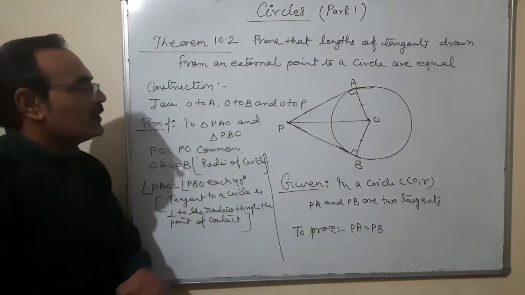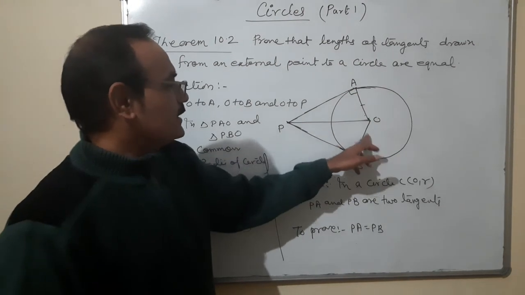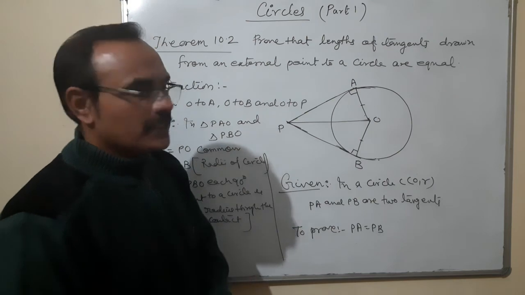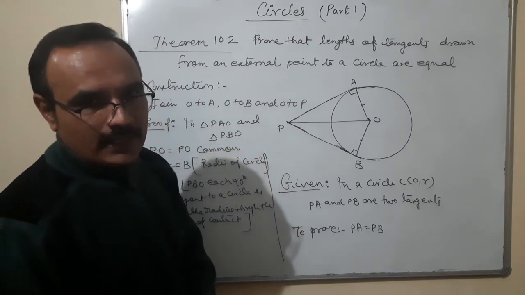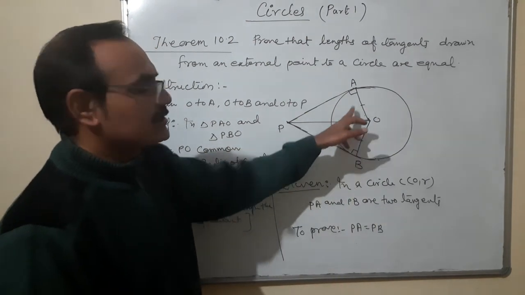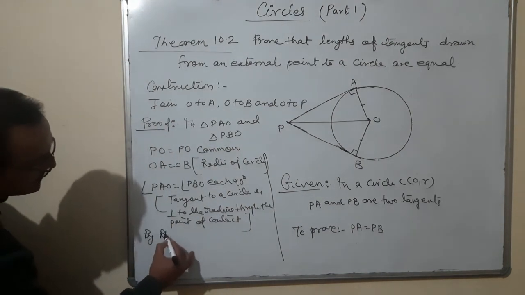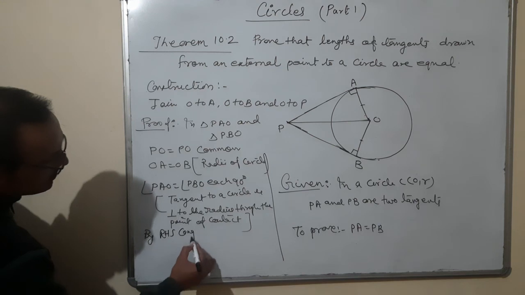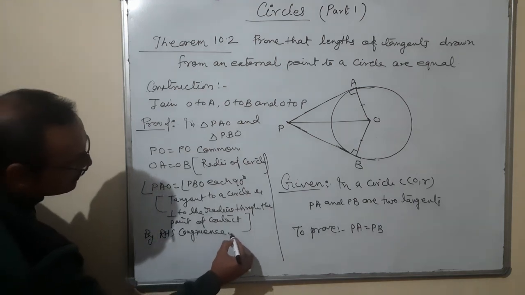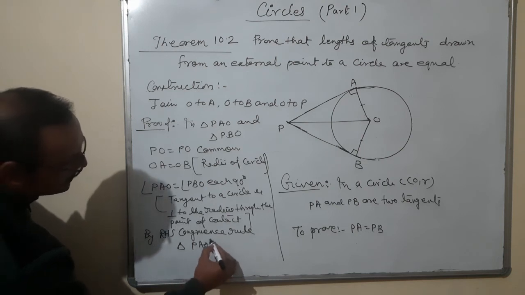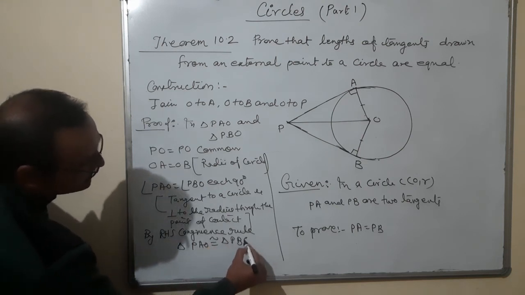Now what happens? We have proved one side is this, second side is this, and one is a 90-degree angle. So which congruency is used here? Right angle, hypotenuse and side. So I write here by RHS congruency rule, triangle PAO is congruent to triangle PBO.